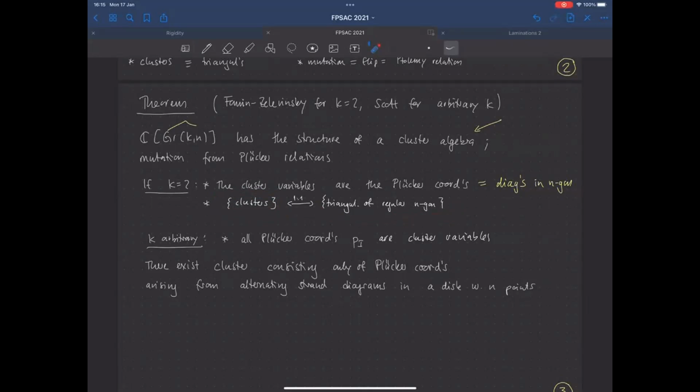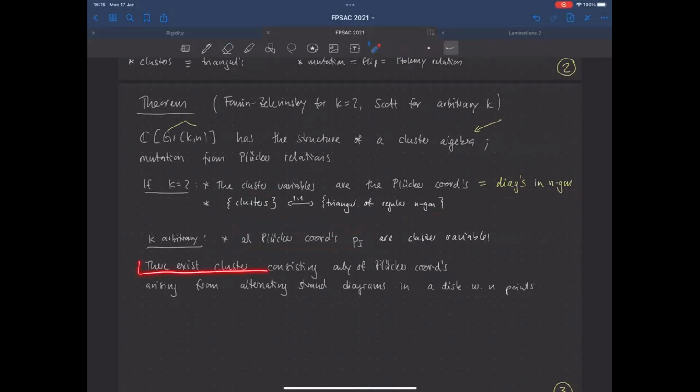So for arbitrary k, we cannot work with triangulations anymore, but again, we find that all the Plücker coordinates are cluster variables. And there is a combinatorial way to find clusters.